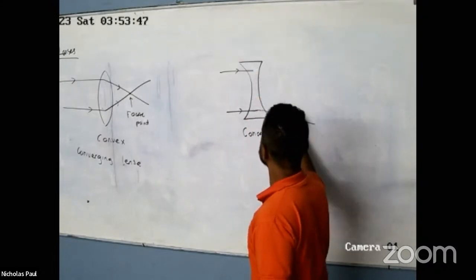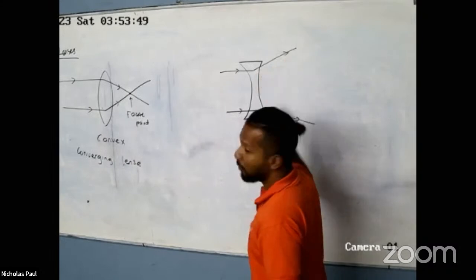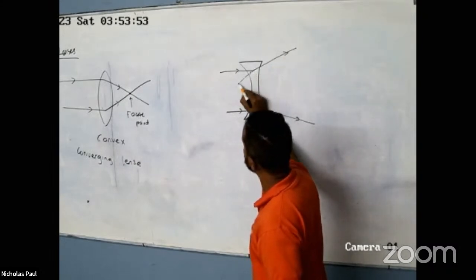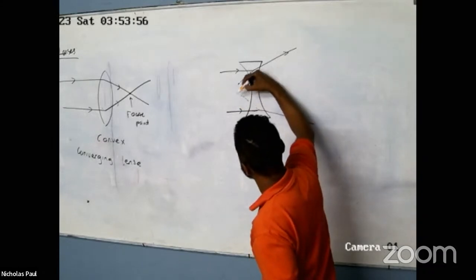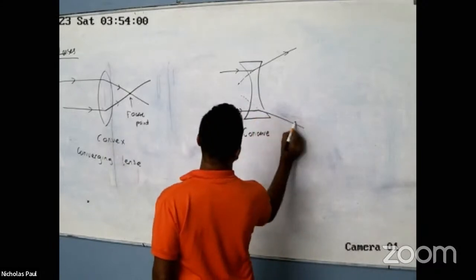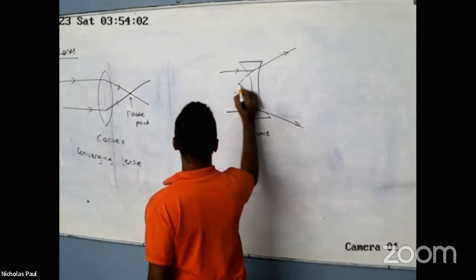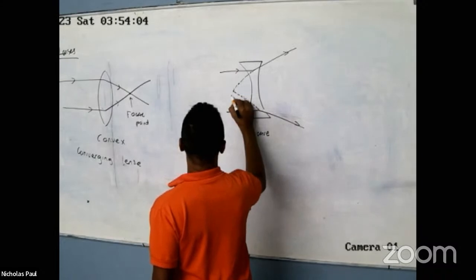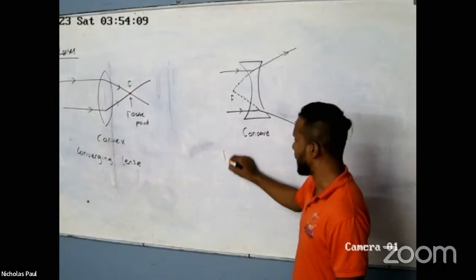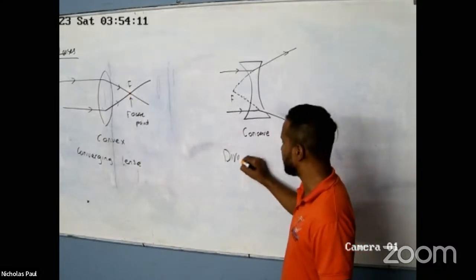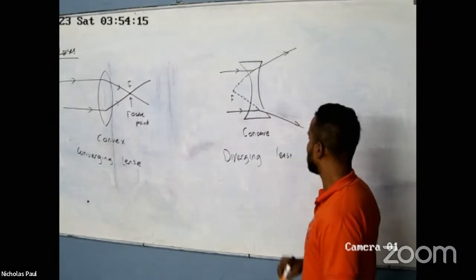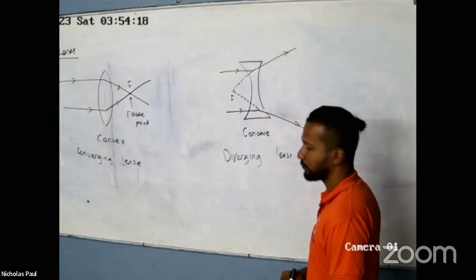But we can extrapolate it back a little. Just draw it back, that's what extrapolation means, and they would meet at your focal point. So this is an example of what we call a diverging lens.